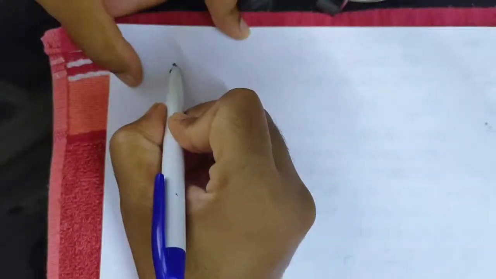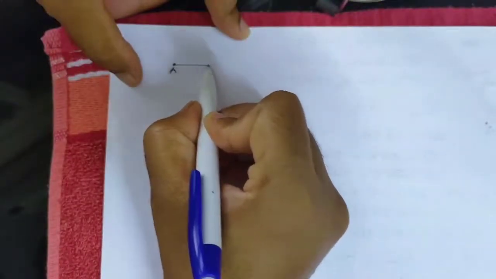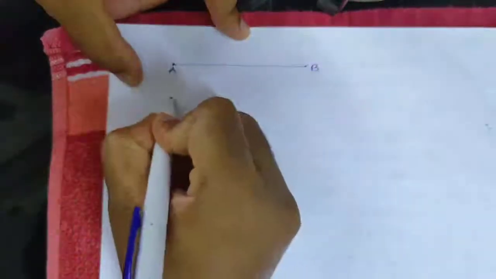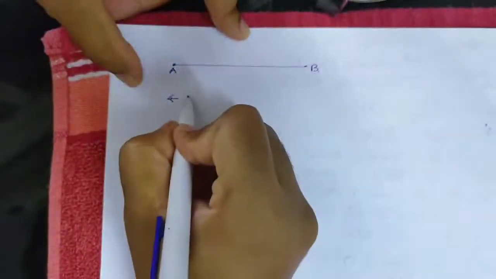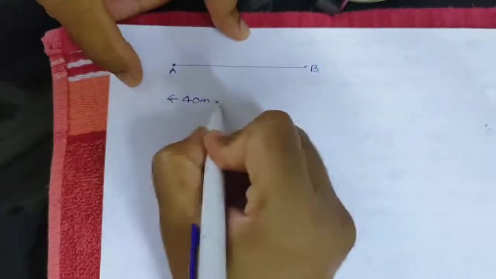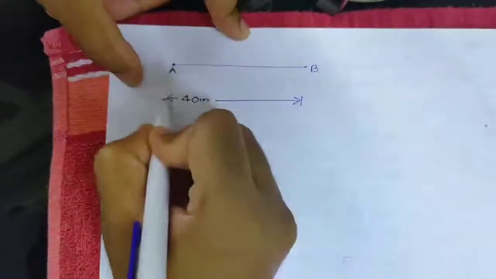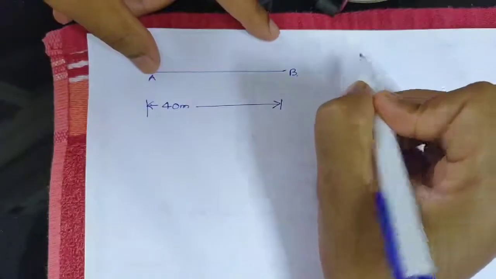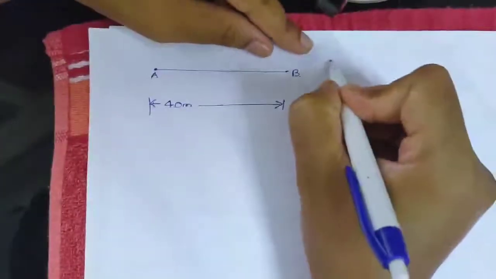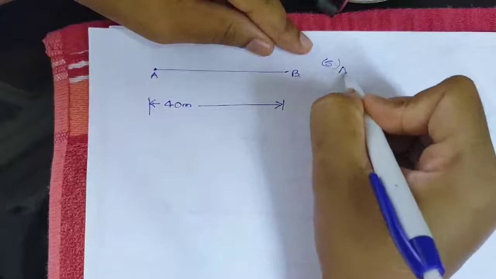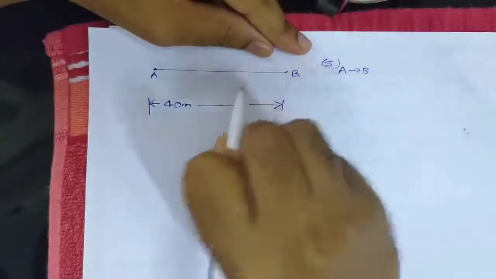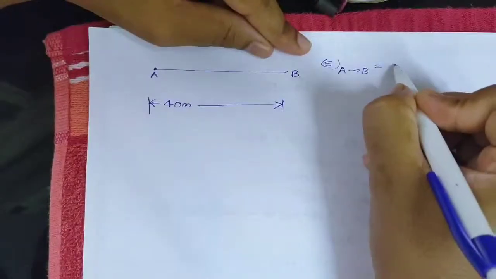The object traveled from A to B this much, and the distance between A and B is 40 meters. If I ask you what is the distance traveled by the object, we denote distance by the letter S. From A to B, it will come out to be 40 meters.